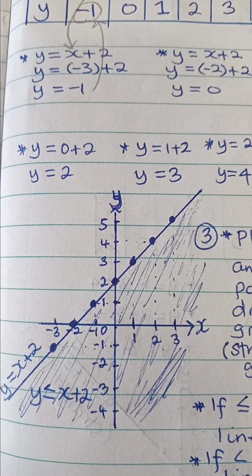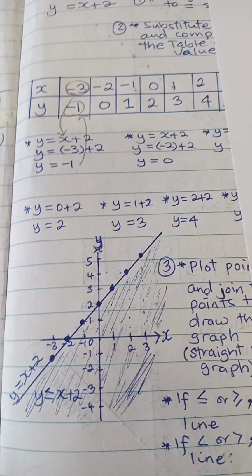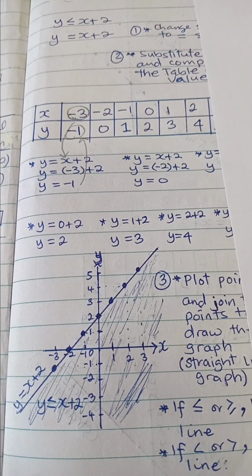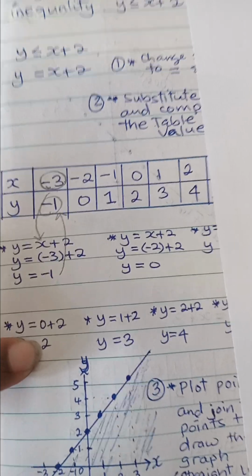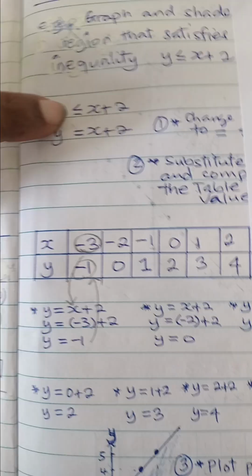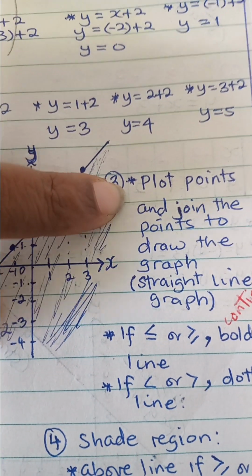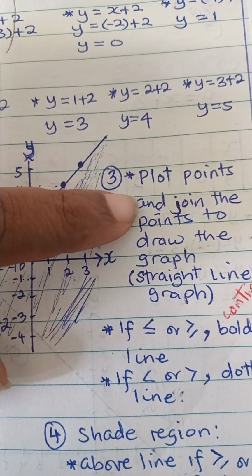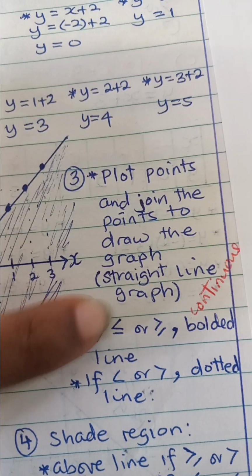Before you draw the straight line, remember we are talking about inequalities here, so there will be two types of lines, depending on the inequality sign. Step number 3 says plot points and join the points to draw the graph, which is a straight line graph.